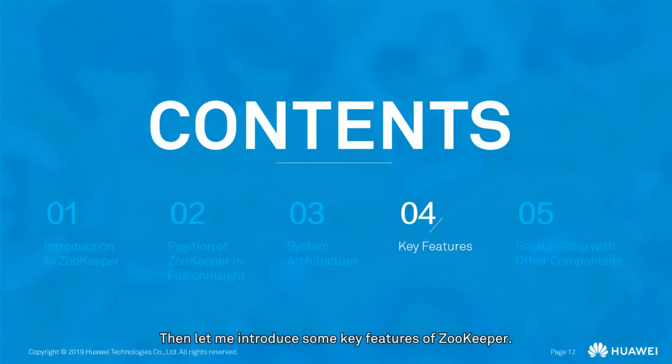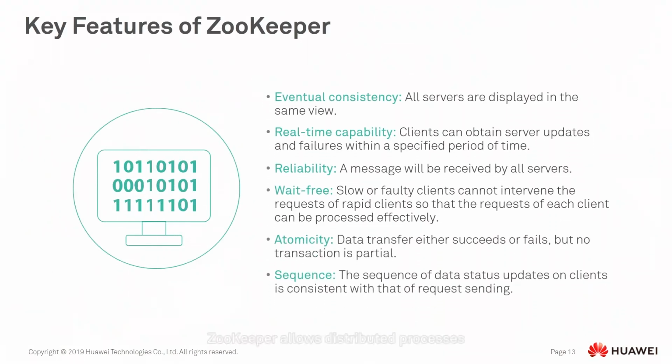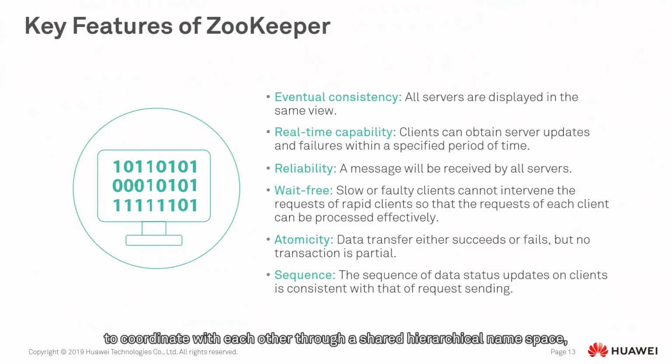Then let me introduce some key features of ZooKeeper. While ZooKeeper is simple, it allows distributed processes to coordinate with each other through a shared hierarchical namespace, which is organized similarly to a standard file system.